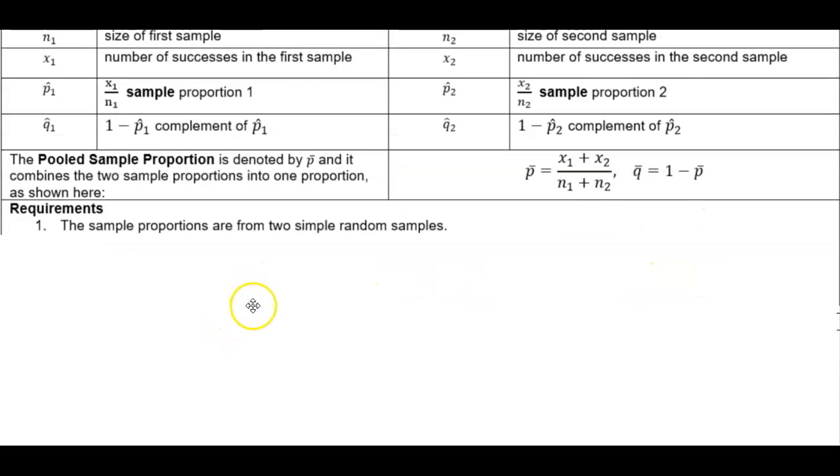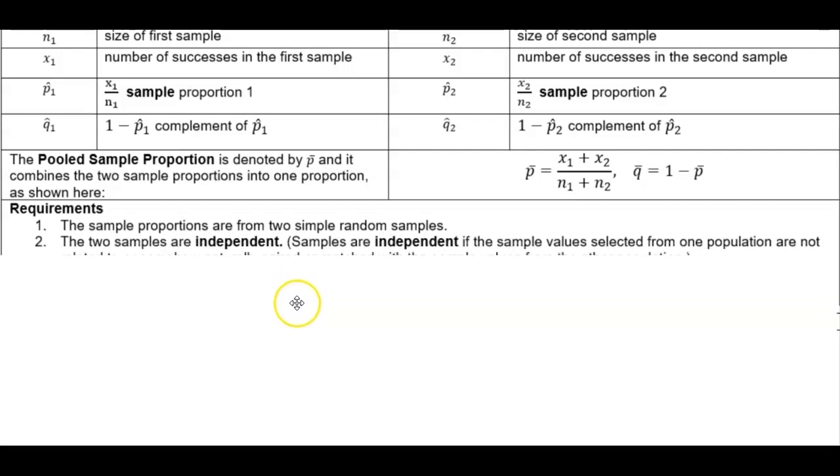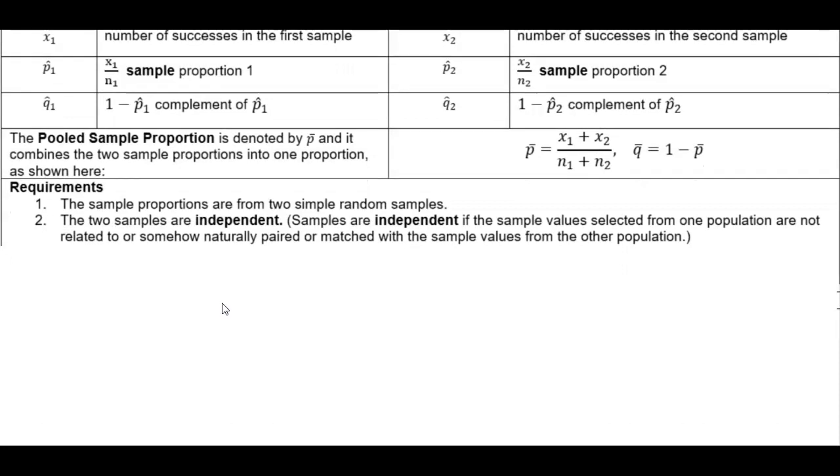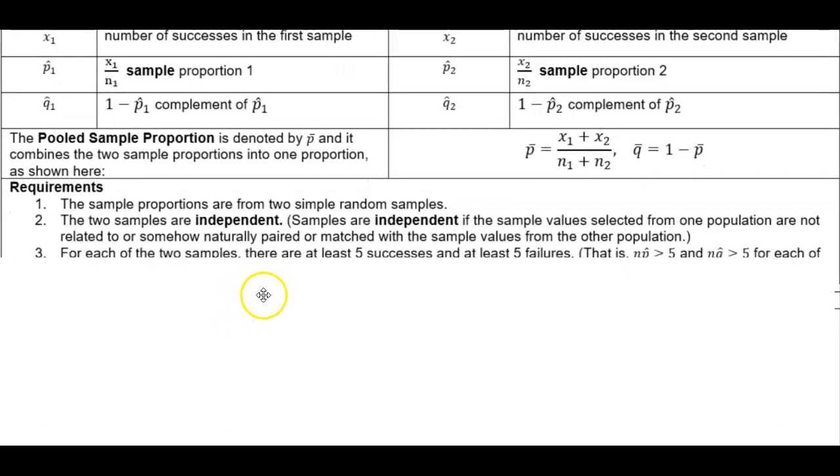Requirements. Number 1, the sample proportions are from 2 simple random samples. Number 2, the 2 samples are independent. Samples are independent if the sample values selected from one population are not related to or somehow naturally paired or matched with the sample values from the other population.